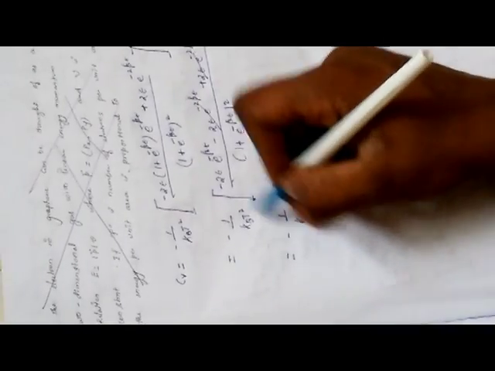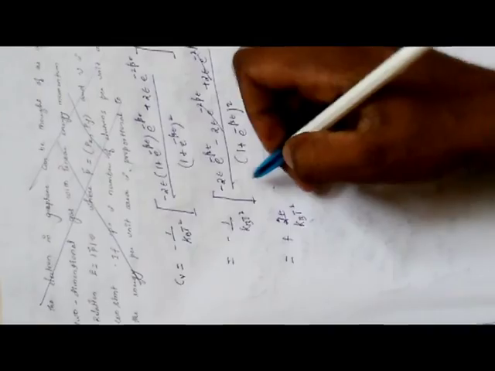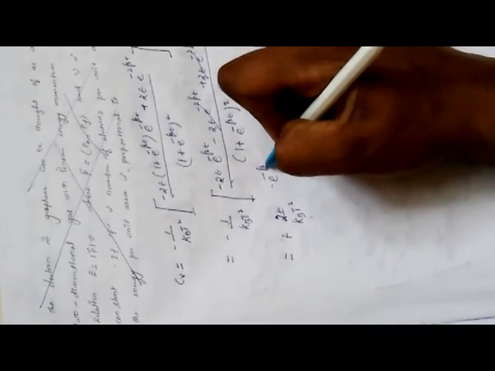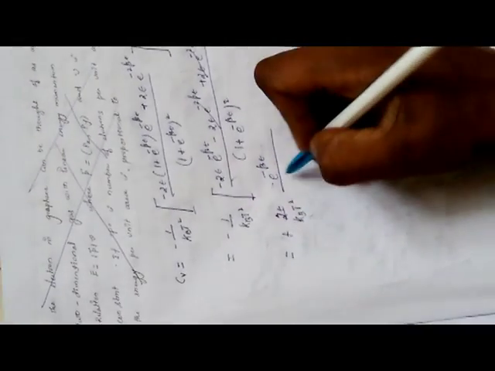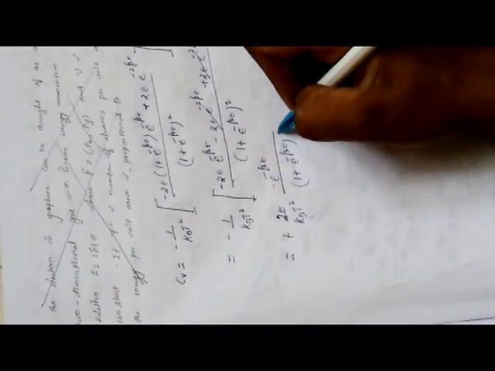We can cancel these two, so minus into minus plus: 2ε, we can take out, e to the power minus βε divided by 1 plus e to the power minus βε whole square.